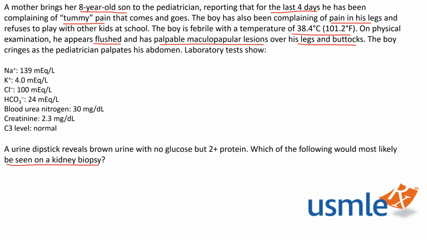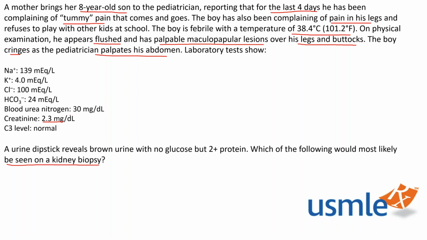Laboratory tests show a sodium of 139, a potassium of 4, chloride of 100, bicarb 24, BUN 30, creatinine 2.3, and his C3 level is normal. Some important stuff to point out there is, this 8-year-old kid has some definite signs of kidney injury, something you really wouldn't expect in an 8-year-old.